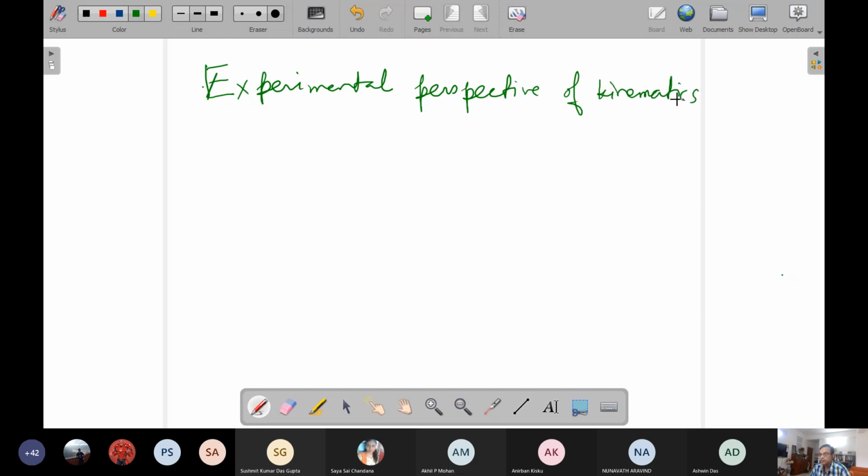So there could be several experimental perspectives of kinematics, but the most common thread is that you are endeavoring to study the motion of the fluid. Not really the forces, but how the fluid is moving.